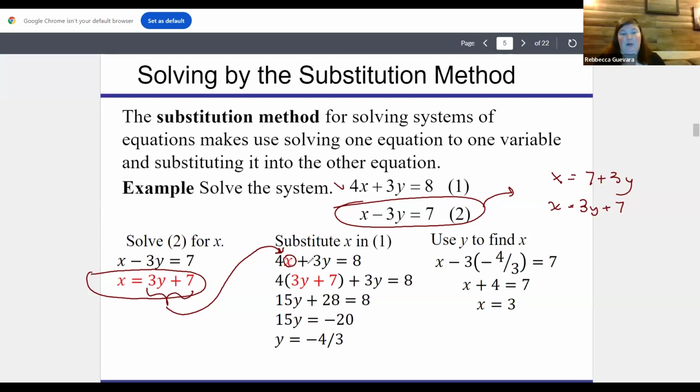Instead of 4x plus 3y equals 8, now I have 4 times (3y plus 7), plus 3y equals 8.